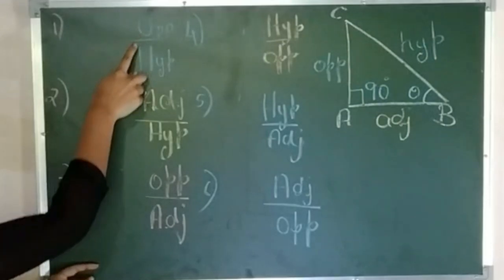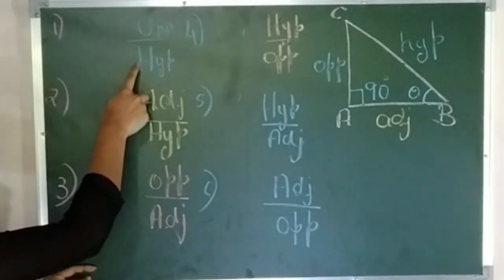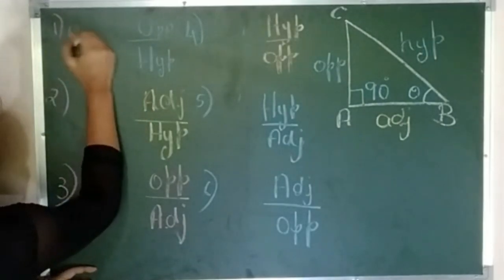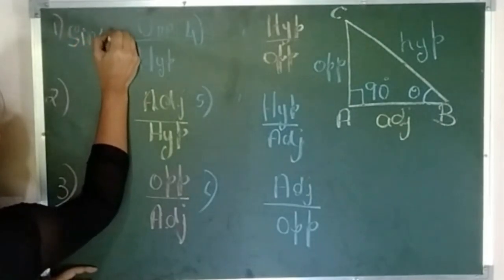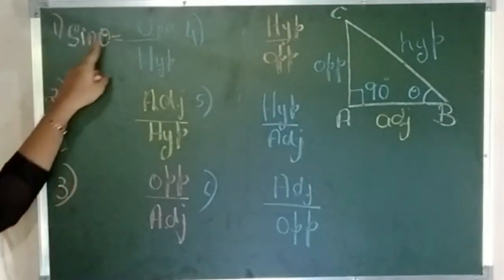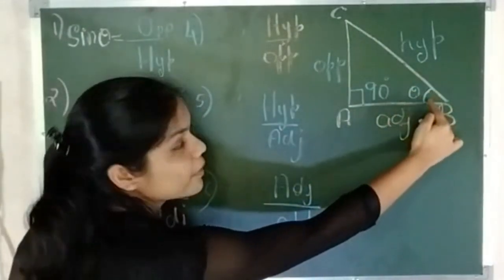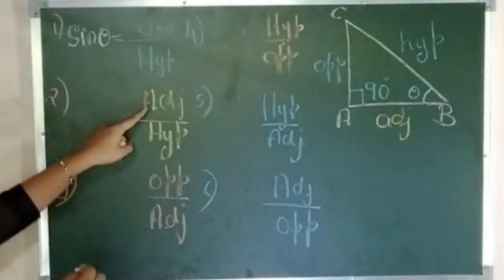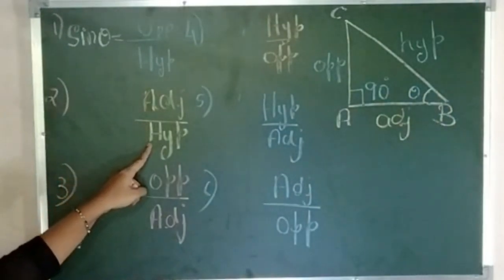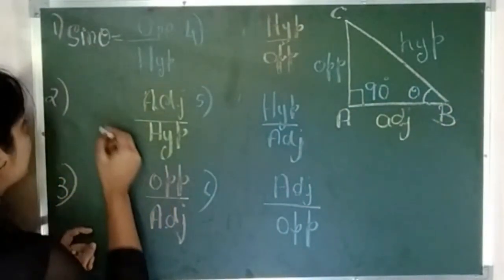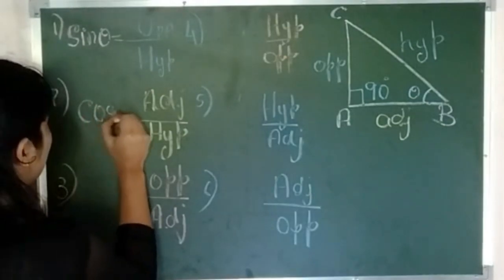The ratio of opposite and hypotenuse is called sine theta, where theta is the angle at B. The ratio of adjacent by hypotenuse is called cos theta.